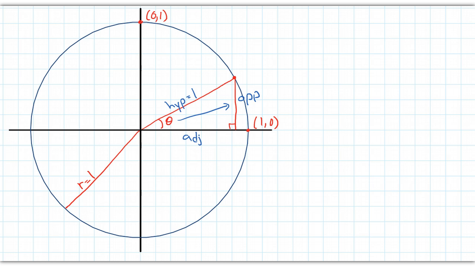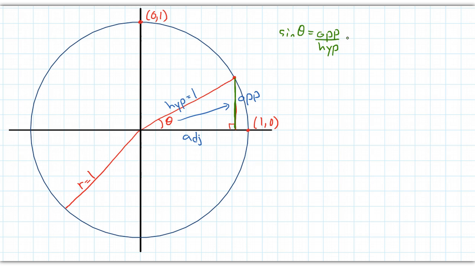So let's first start with our very first trig function of sine theta. And we said sine theta equals opposite over hypotenuse. And so what that actually means is that when we draw a line, a radius to the unit circle that has an angle measurement of theta, the length of the opposite side of the triangle, which is this side right here, divided by the length of the hypotenuse will equal sine theta.